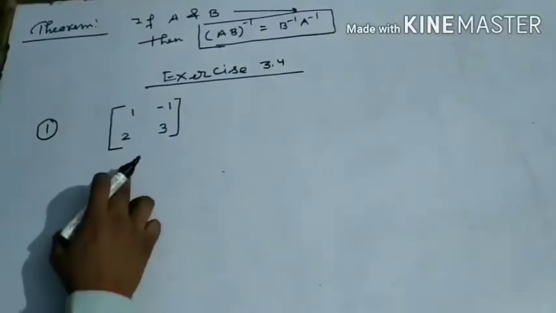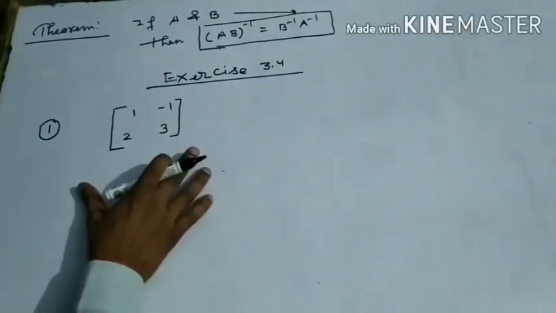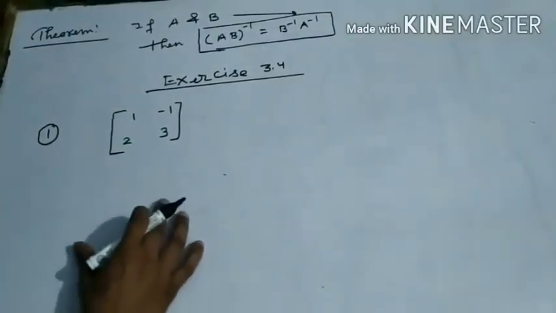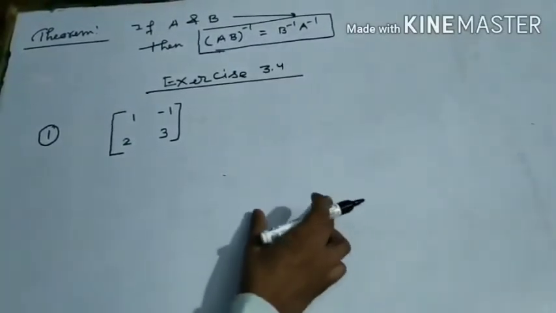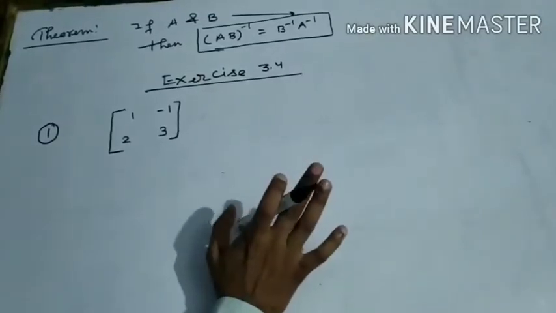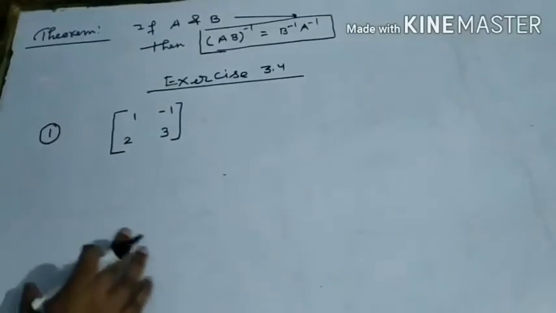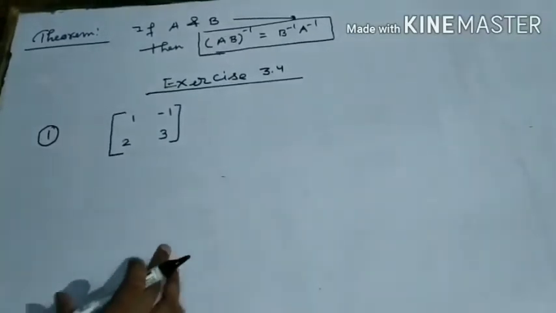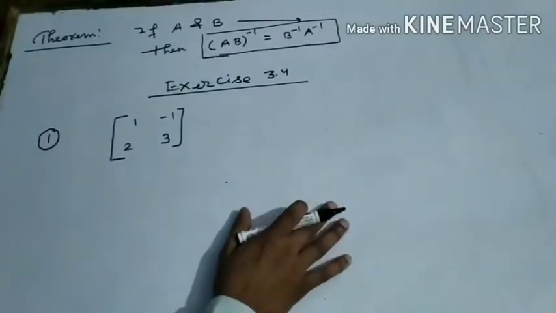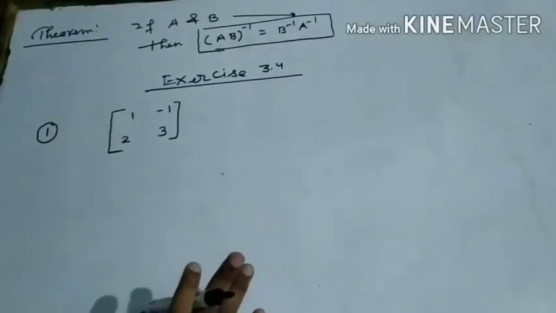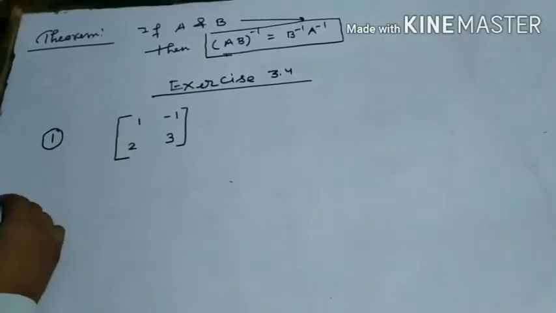To find the inverse of this matrix there are two methods: either we use elementary row operations or elementary column operations. If we apply row operations, then in all the steps we apply only row operations. If we apply column operations, then in all the steps we apply only column operations. So you have to see the solution.